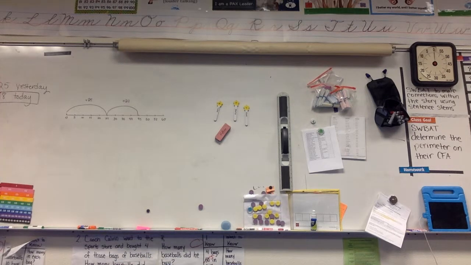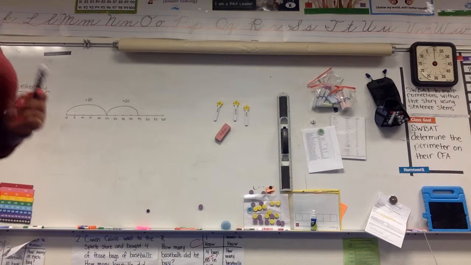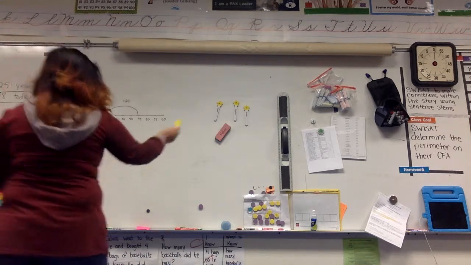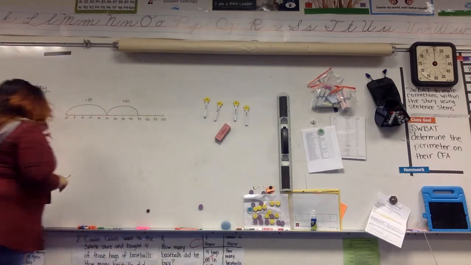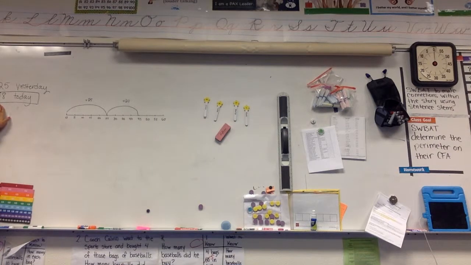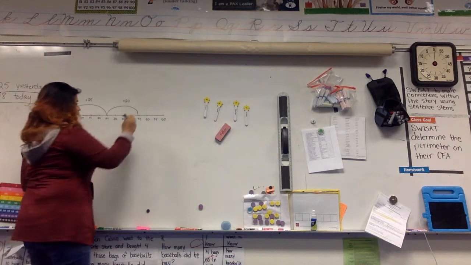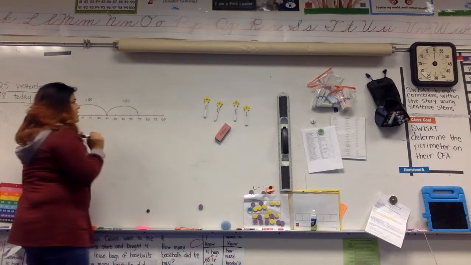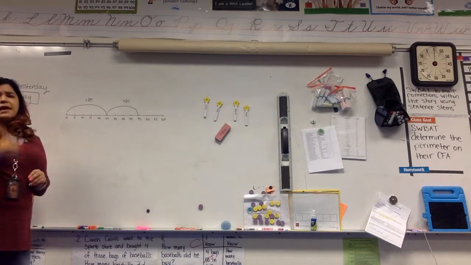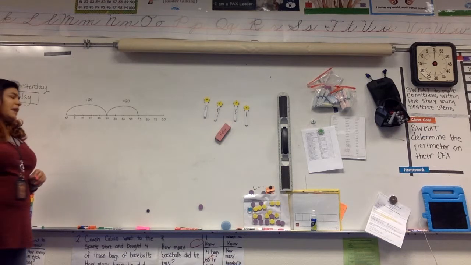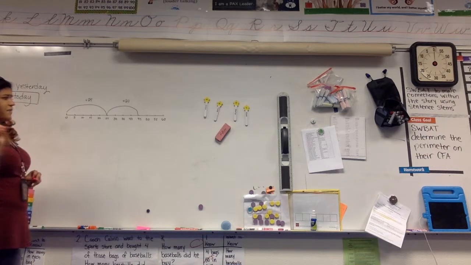How many ones do I have? Angenique, how many ones do I have in the number 28? 8 ones. We're going to do 2 jumps for that 8. We're going to do a friendly number and get to the nearest tens, and then we're going to do the additional. Okay, so Angenique, how many are we going to add first?